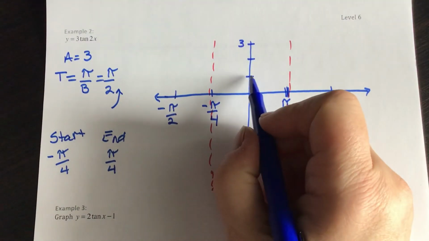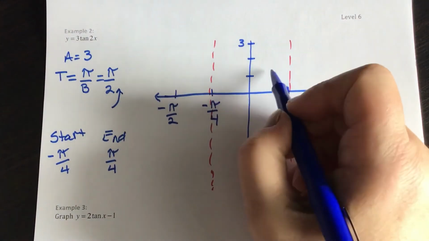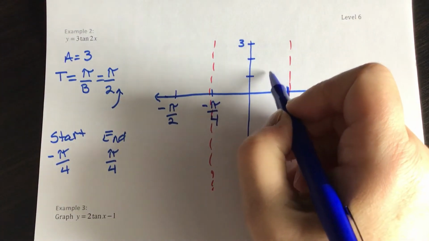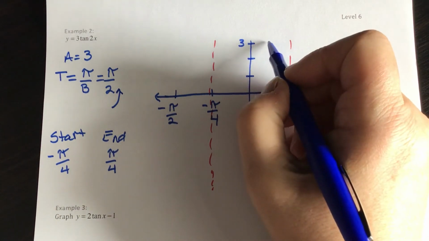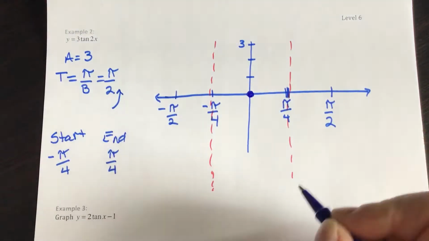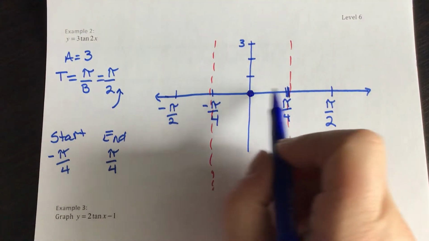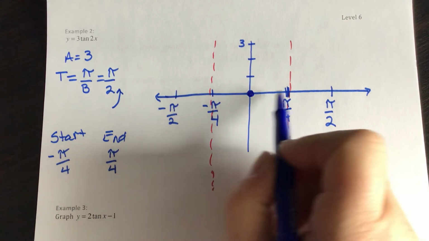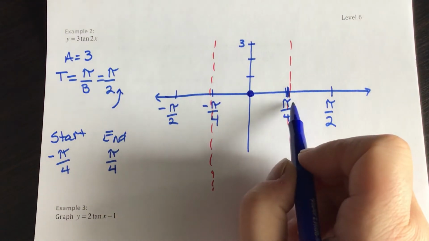So instead of having that value at 1 here, I'm going to go up higher and have it at 3. So tangent of 0 is still 0. Now I need these values in between negative pi over 4 and pi over 4.